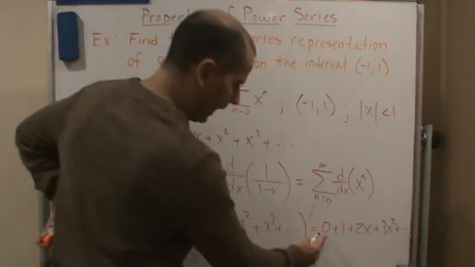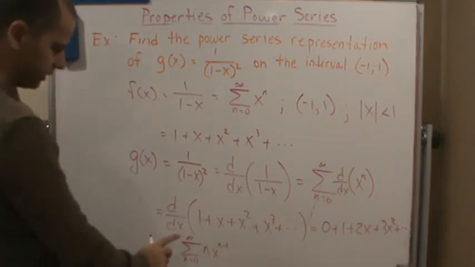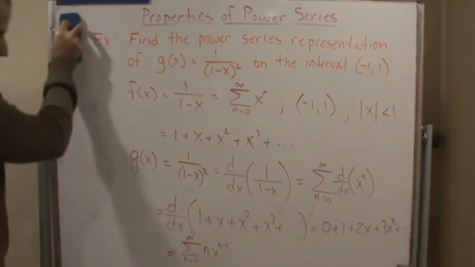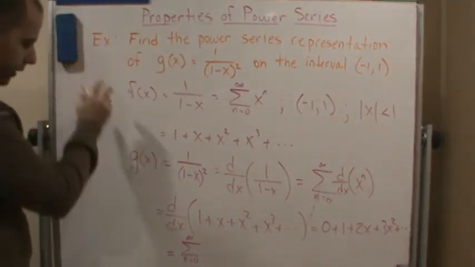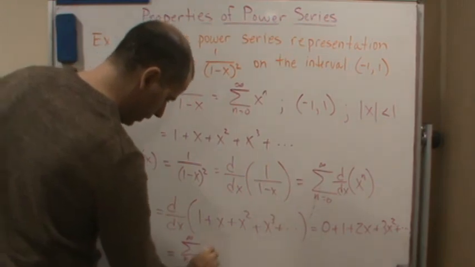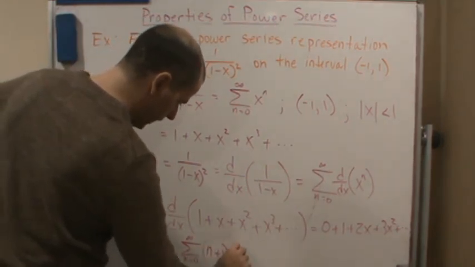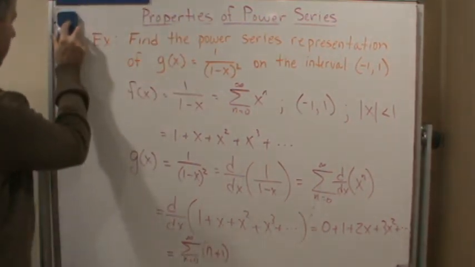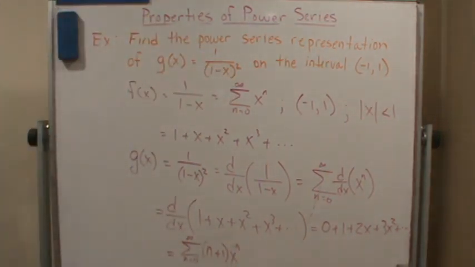But if I look at what's going on here, what this actually is going to be is not this, but I'm just going to add 1 to n. So this is going to be n plus 1 times x to the n. That works.